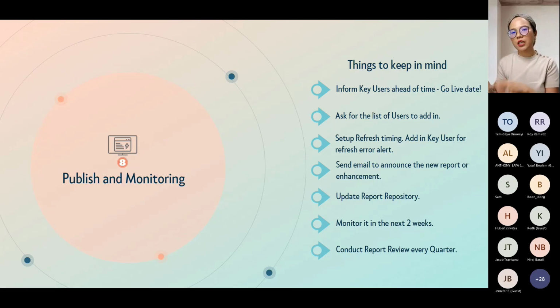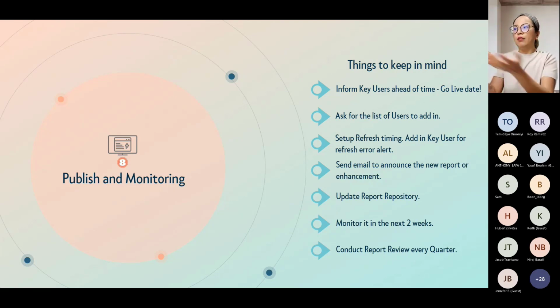You do want your report owner to be informed that there's a report error, and then he or she can send an email to his or her team indicating, guys, hold on, there is a problem with the refresh, the report is not updated, we'll get back to you, Jocelyn is working on it. So it's better to always include the key user and the report owner. I forgot to include it here: key user and the report owner, in the refresh error alert.